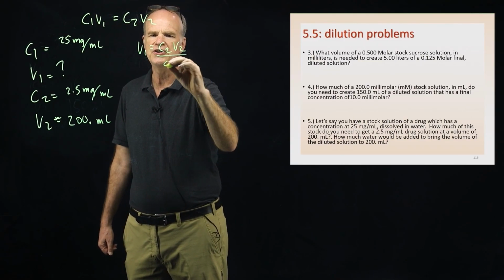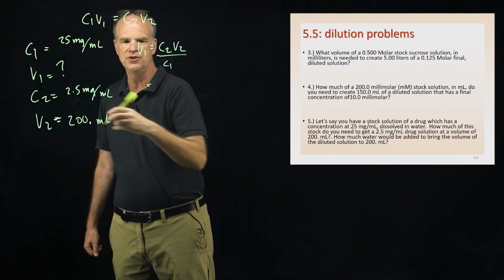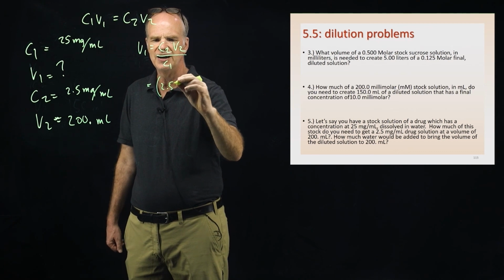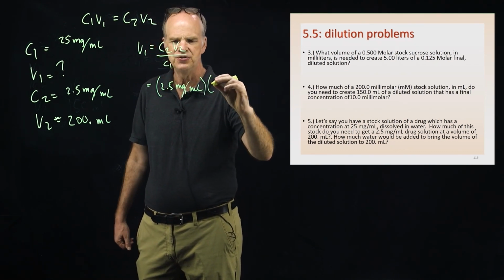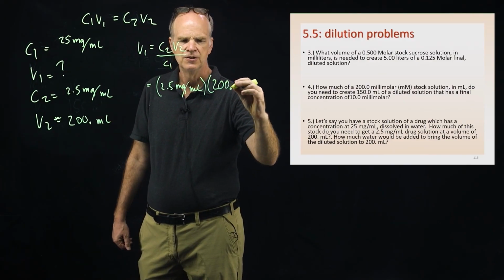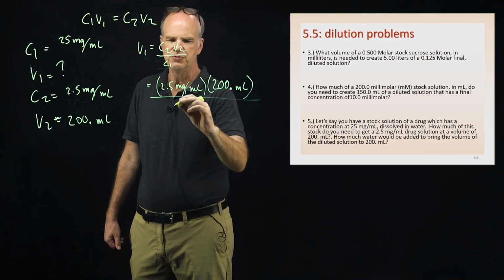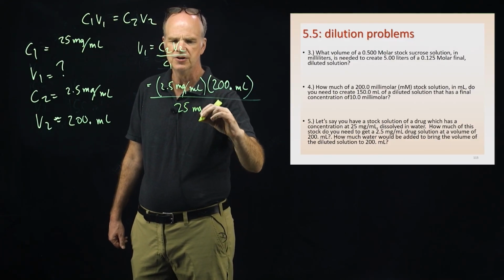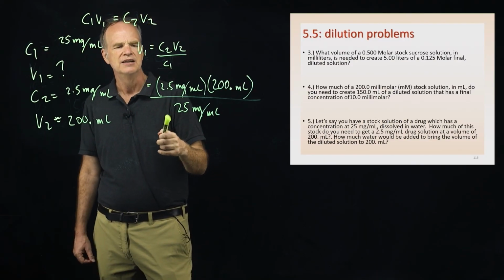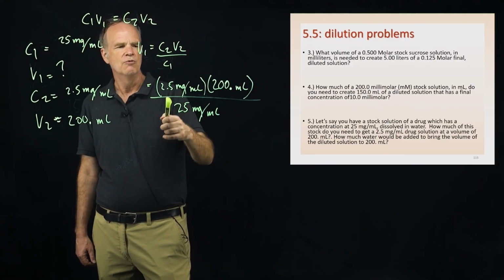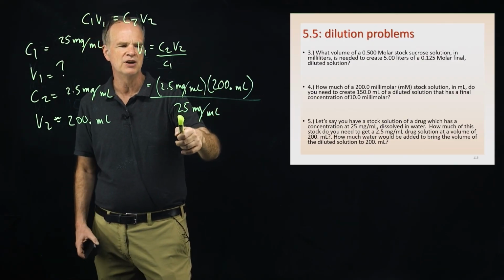V1 is equal to C2V2 over C1. And let's see if I can not make this mistake again. So C2 is 2.5 mgs per ml. V2 is 200 milliliters. And then over C1 is 25 mgs per ml. Okay, so basically what we're going to do is take 2.5 times 200 divided by 25.